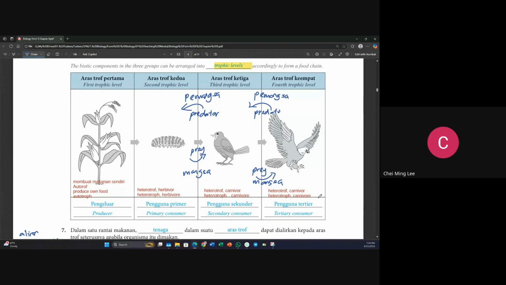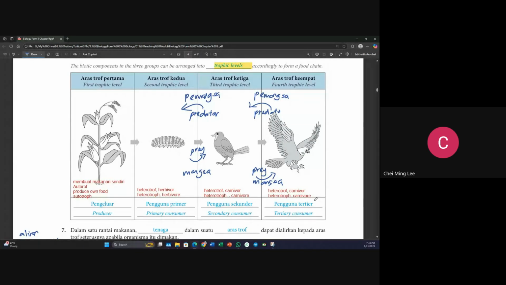Normally we use 4 levels only. Why? Because at the 4th level, which is your tertiary consumer, they are mostly the most fierce predator already.